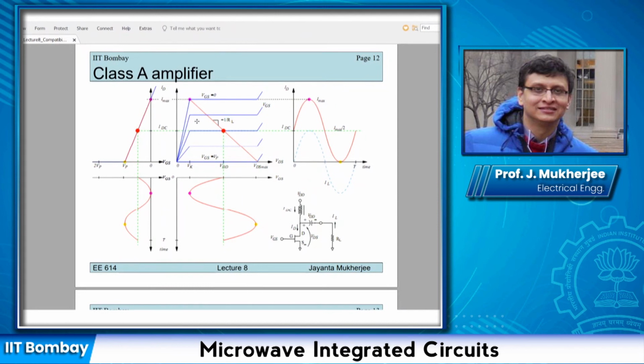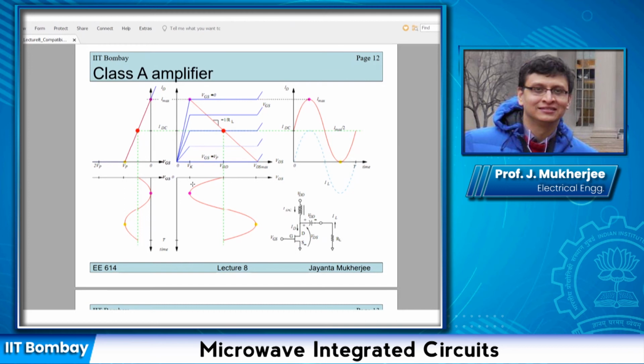Now if I plot the load line, minus 1 upon RL is the slope of the load line, and the way I have inputted my signal, it produces the VDS across these two terminals. You see, it also covers the entire range from the knee voltage VK to VDS max.